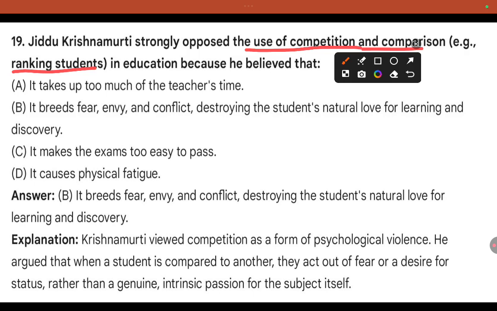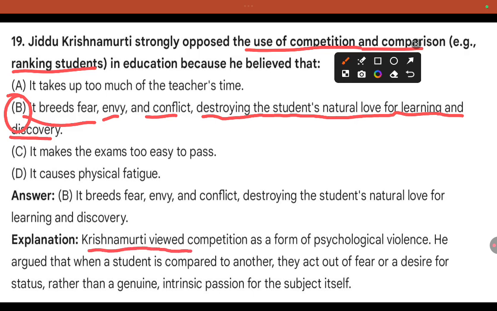C. It makes the exams too easy to pass. D. It causes physical fatigue. So your answer is B: it breeds fear, envy, and conflict, destroying the student's natural love for learning and discovery.